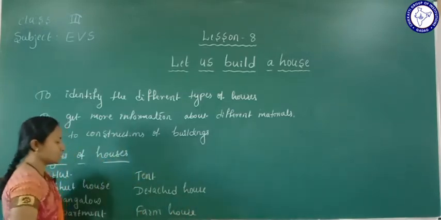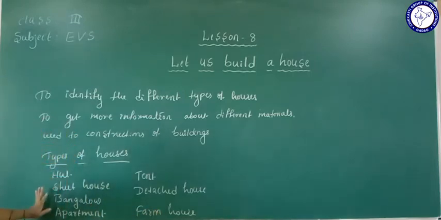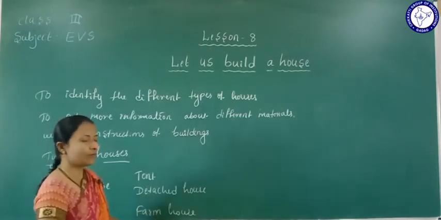So these are all the types of houses. You can see all these types of houses in our surroundings: hut, sheet house, bungalow, apartment, tent, detached house, and a farmhouse.